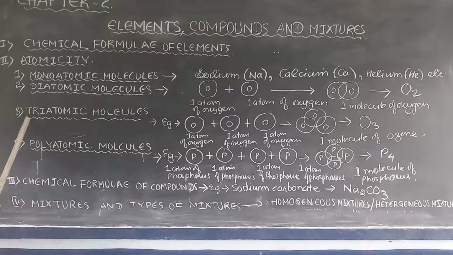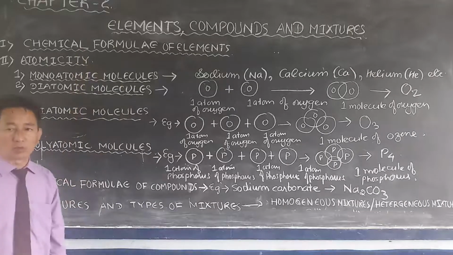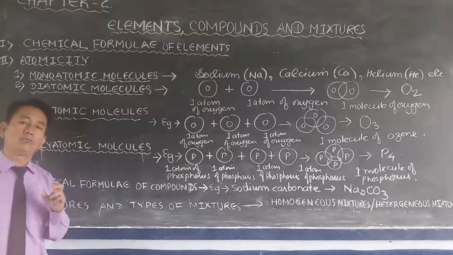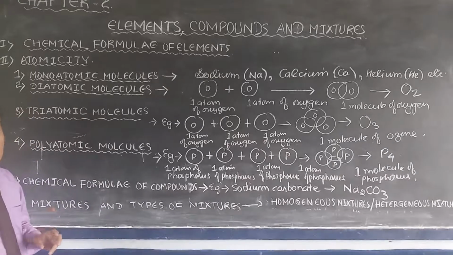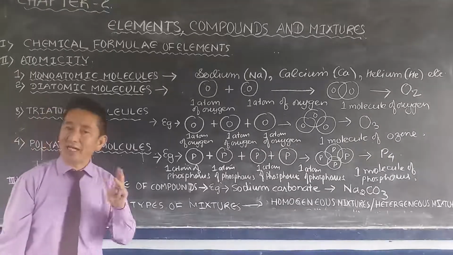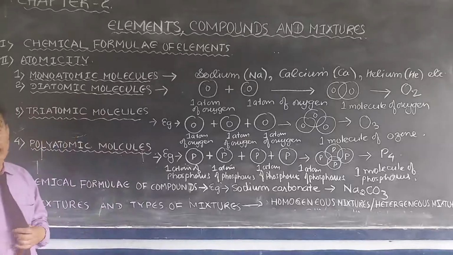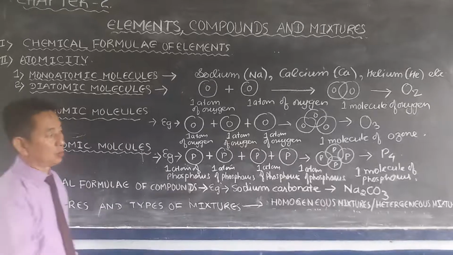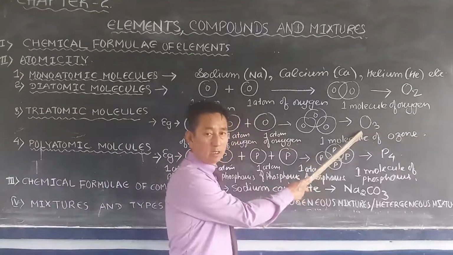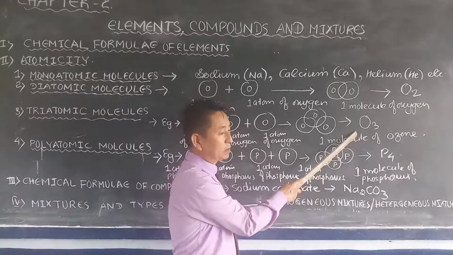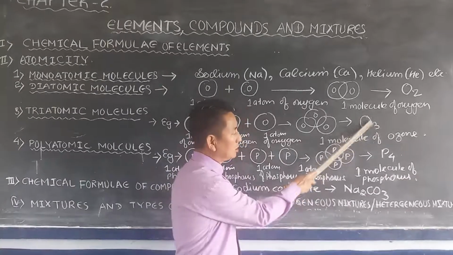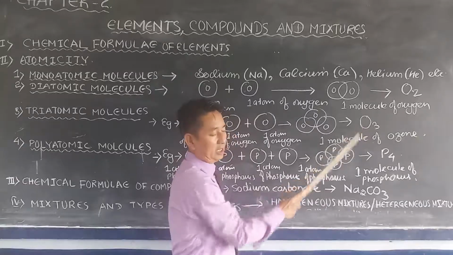Now next, triatomic molecules. What is a triatomic molecule? A molecule which is made up of three atoms is known as a triatomic molecule. Ozone, its chemical formula or molecular formula is O3.